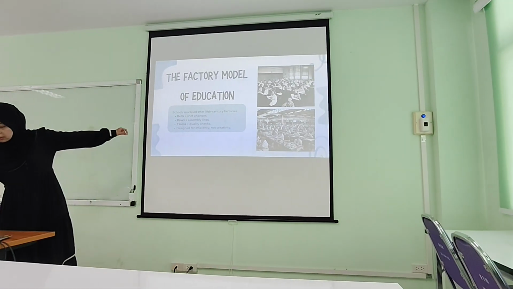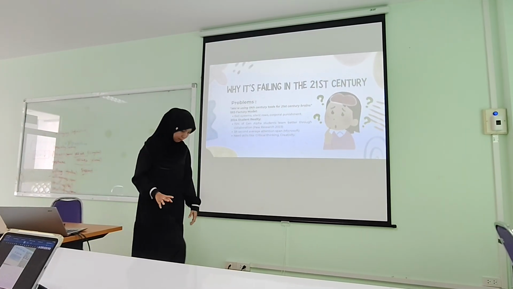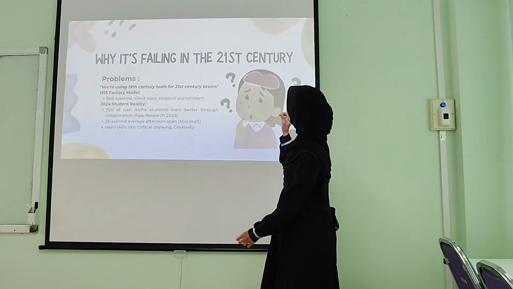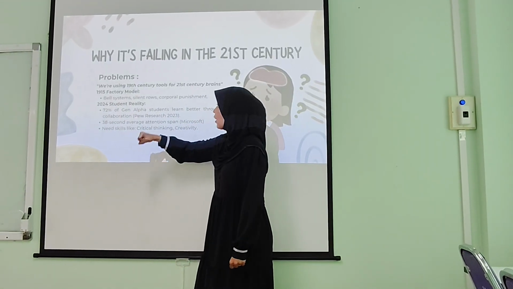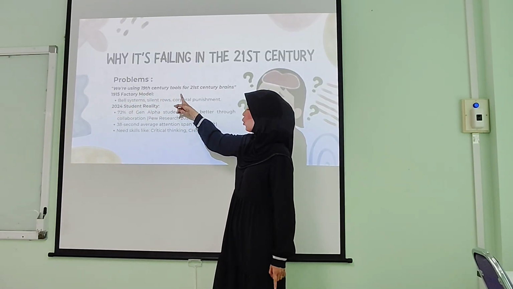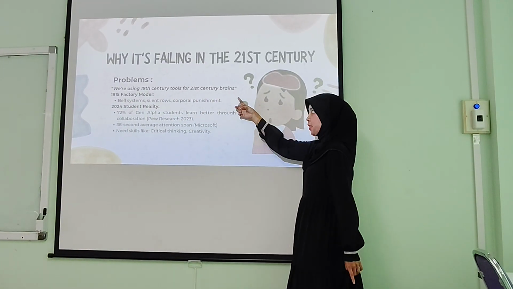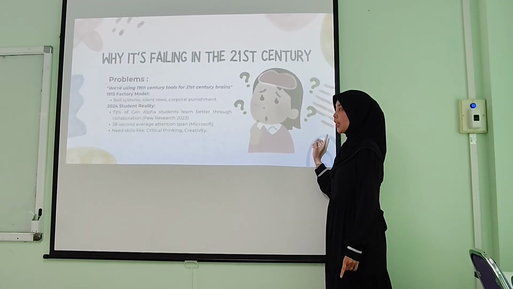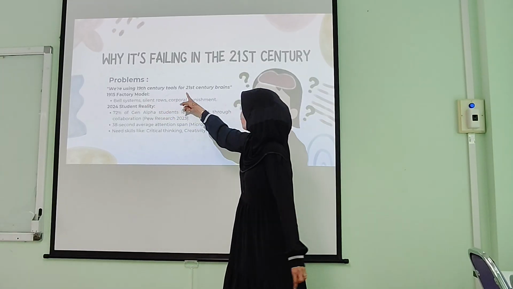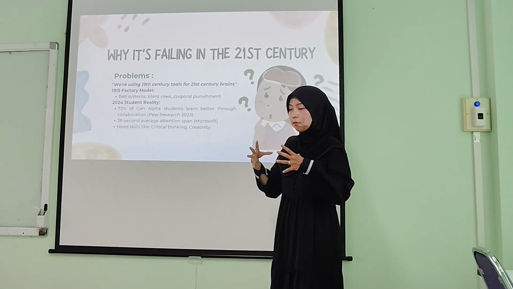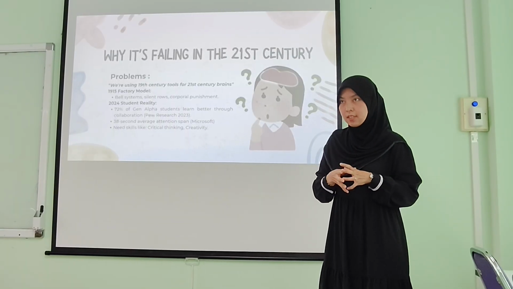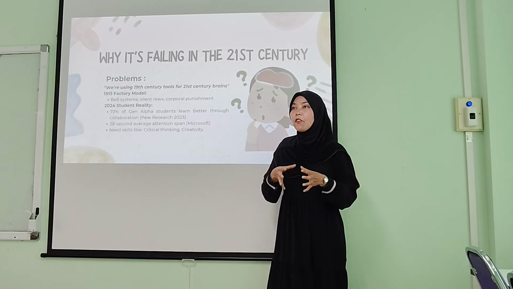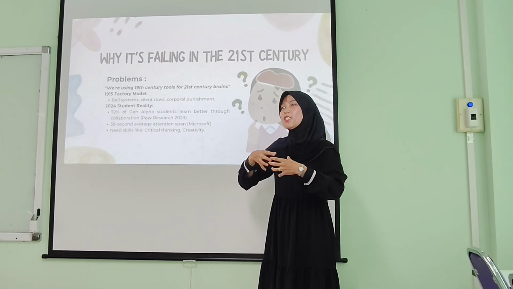And so, another one. So, what is it saying in this one? Today we are using 19th century tools for 20th century brains. Do you understand? We are using 19th century tools for 20th century brains. This means our learners have shorter attention spans.